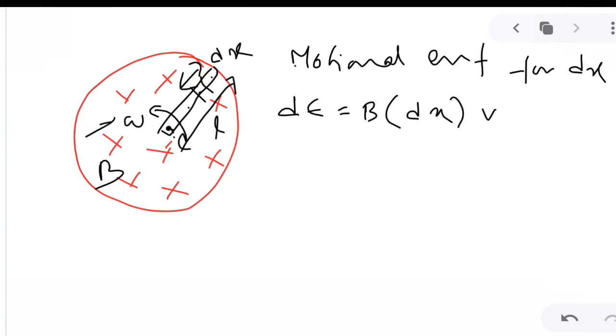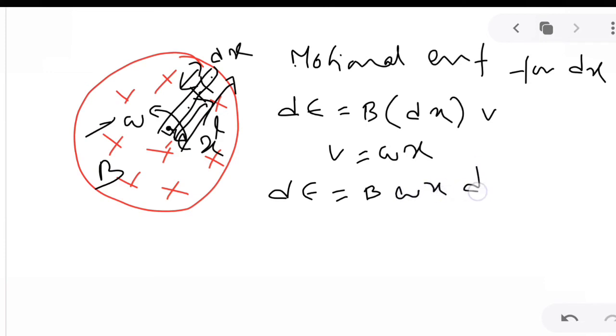Suppose this small element is at a distance x from the axis of rotation, such that V is equal to omega x. So this gives dE equal to B omega x dx.